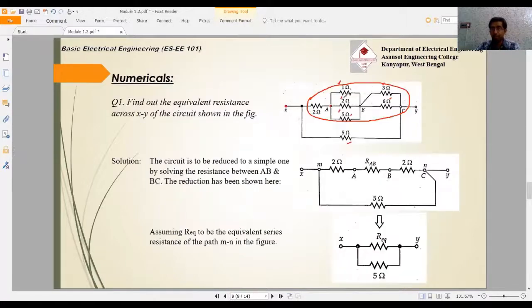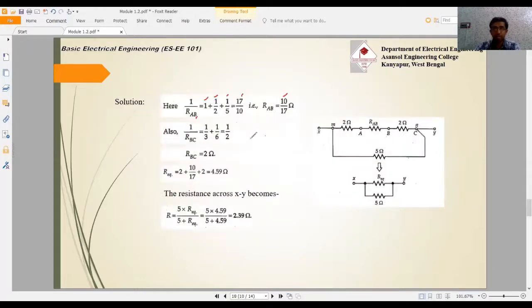Okay, now these 3 ohm and 6 ohm are in parallel, so 1 by 3 and 1 by 6, that is 1 by 2. So RBC, that means across point B and point C, will be 2 ohm.